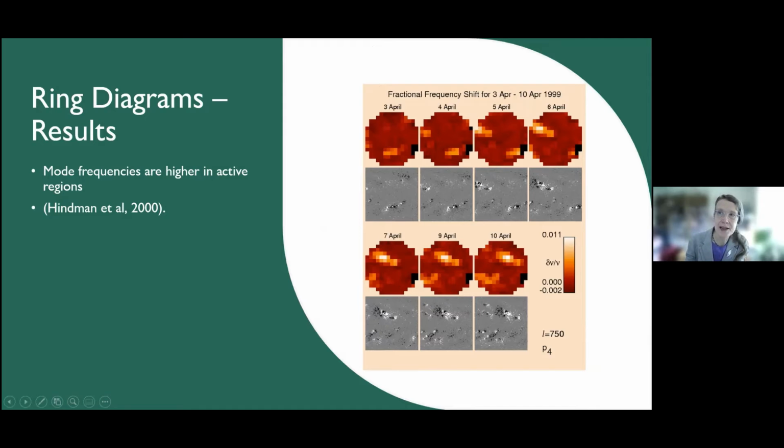It shouldn't be entirely surprising given what we've built up so far, but it's nice to confirm that this holds even at time scales of a day and spatial resolution of about 15 degrees in this case.